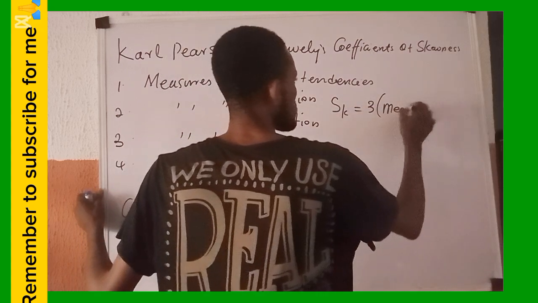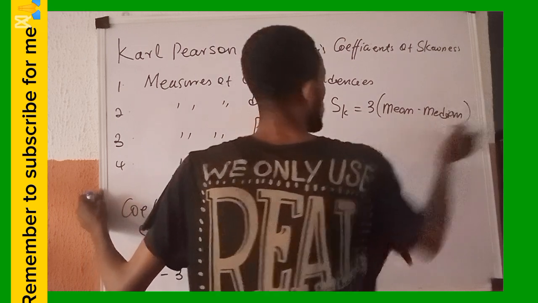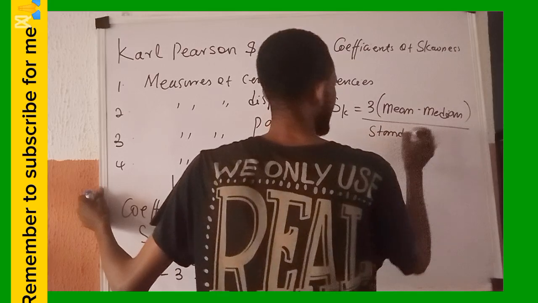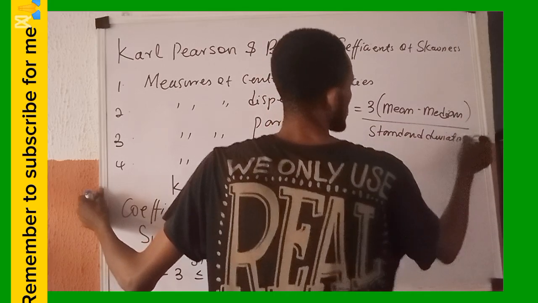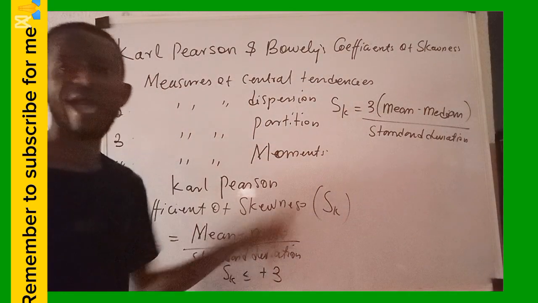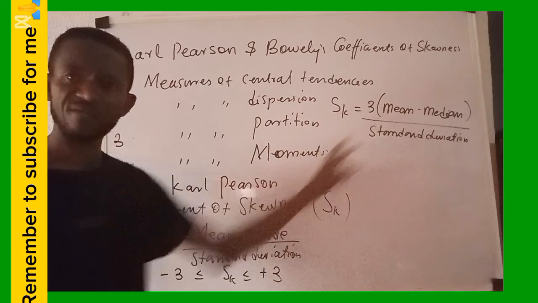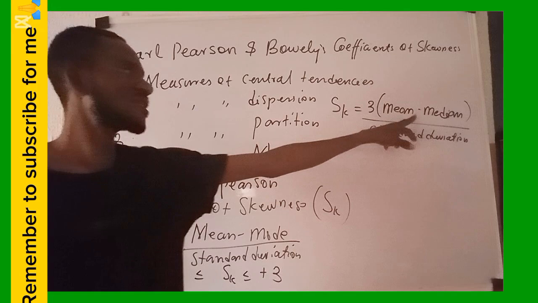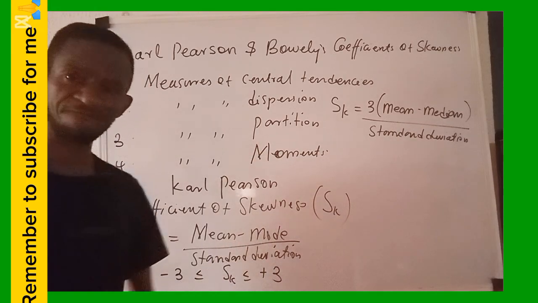Mean minus median, all over standard deviation. According to him, these two formulas arrive at the same answer. The essence of this formula is when the mode of the data set is not given.